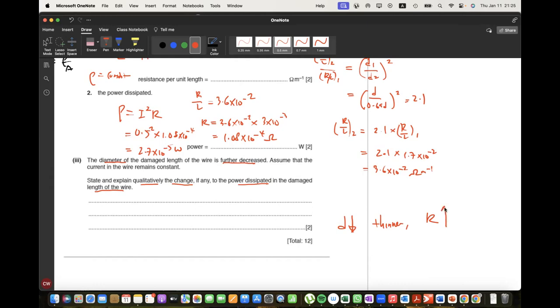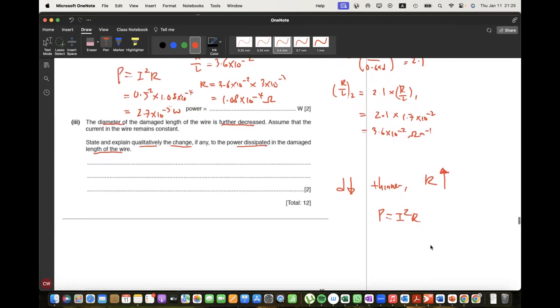Increase. So if this one increase, power depends on I square R, right? If R increase, what happens to the power? Power should also increase, right? Because I is a constant, P now depends on R. If R increase, power will increase. So more power loss.